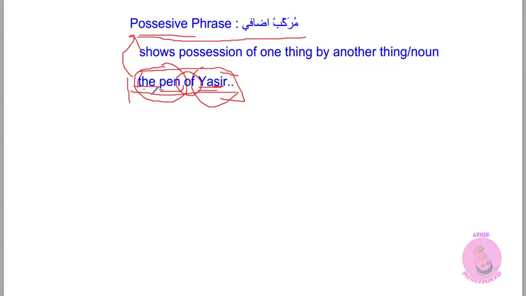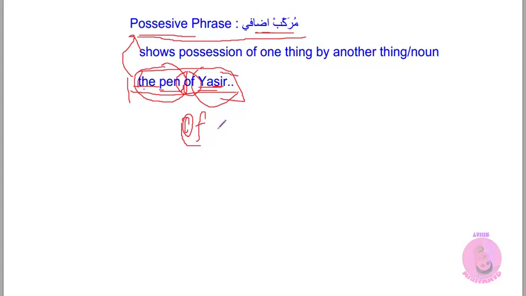Now in Arabic, a possessive phrase is called مركب اضافي. It shows possession of one thing by another. In English, in order to show possession of one thing by another, we use the word "of", as used here: the pen of Zaid.